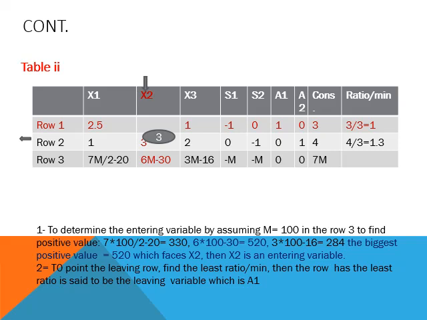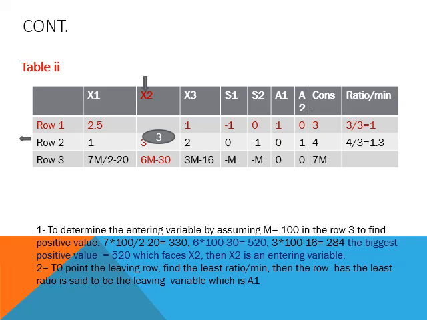Okay, 7M over 2 negative 20, 6M negative 30, 3M negative 16, negative M, 0, and 7M. So now we are going to apply the main steps.